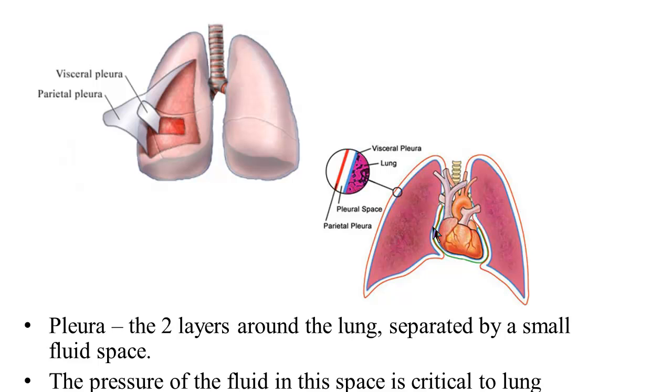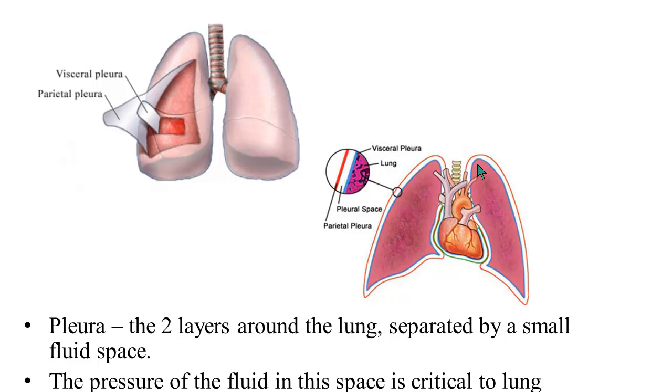So this membrane, which folds in on itself, leaves a space between the two layers, which is called the pleural space, and that is filled with fluid. That fluid has a negative pressure, which allows for the visceral pleura and the parietal pleura to have an attraction to one another. So as the chest cavity rises away from the midline during inhalation, the lungs follow with it.